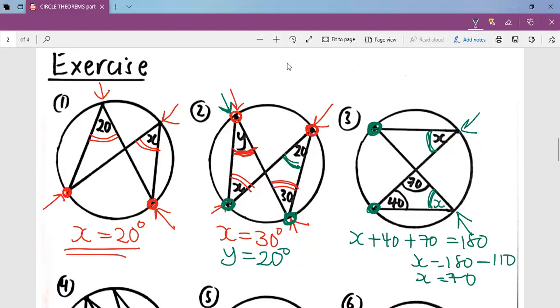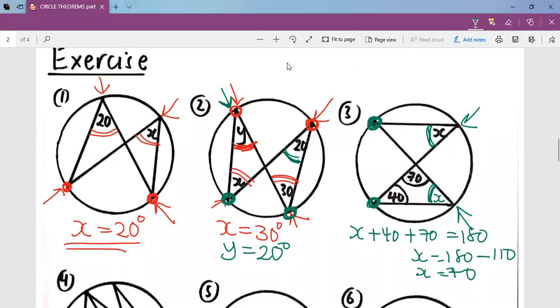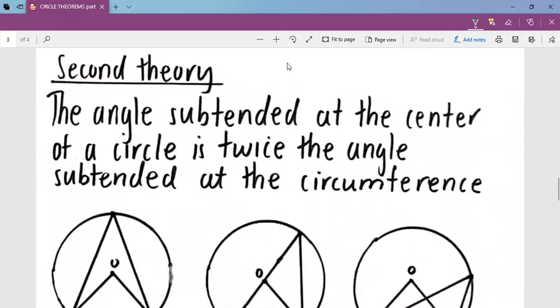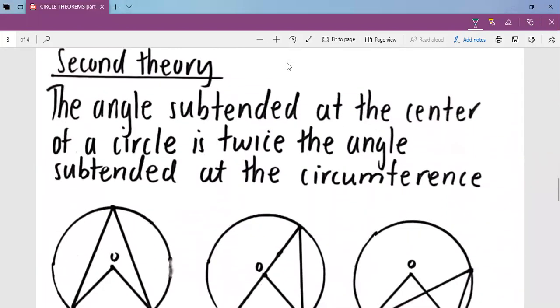So X will be equal to 70 degrees. Now let's look at the second law. The second law says angles subtended at the center of the circle is twice angle subtended at the circumference.